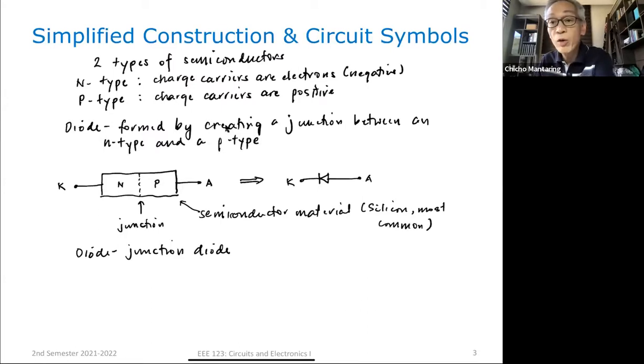If you take a look at all the electronic devices existing today, I would say 99.9% of all these devices are made from silicon. Okay, I'm not going to explain anymore how a diode works. You already know that current is only supported from anode to cathode. It is not supported from cathode to anode.